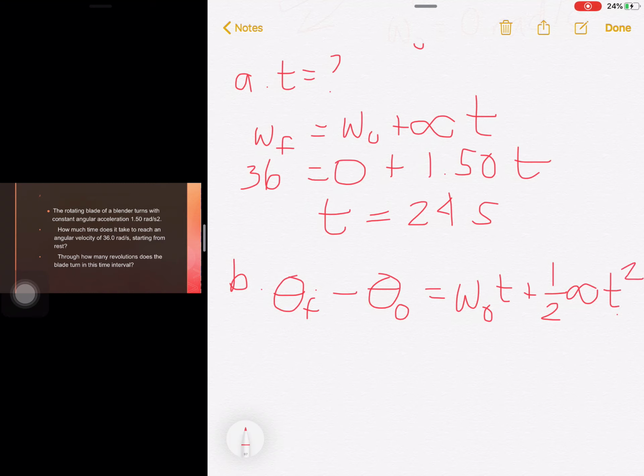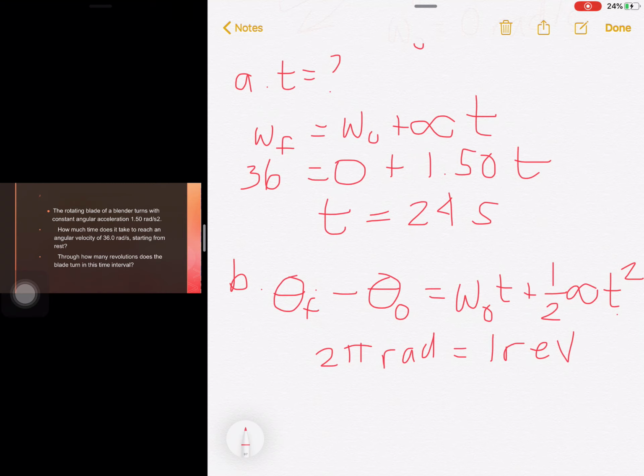Okay? So please take note that when using this formula, what you will get is radians. But you can simply convert it to revolutions using the relationship, which is 2 pi rad is equivalent to 1 revolution. Okay? So let us substitute.